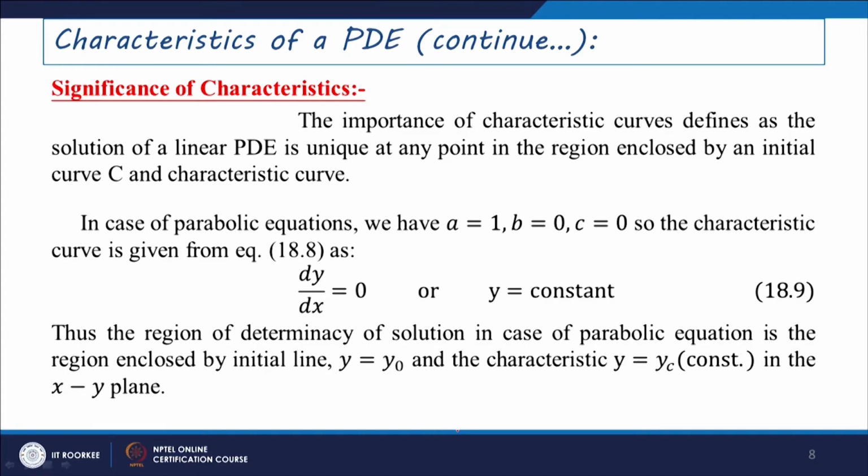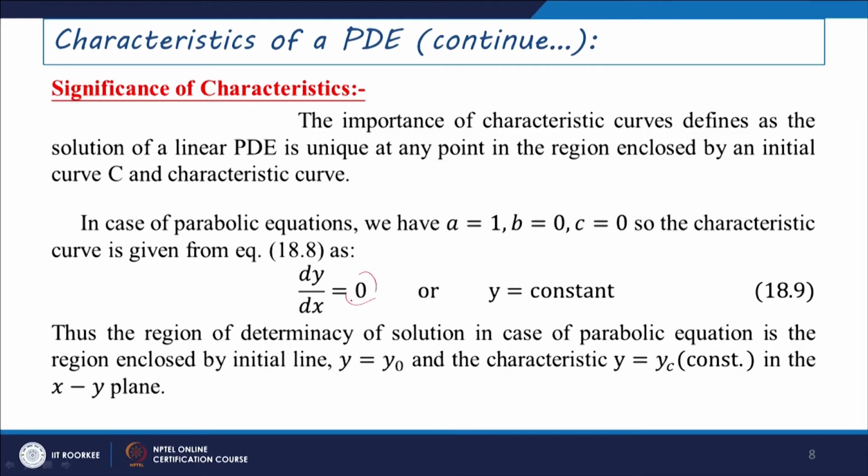In case of parabolic equations, we will have a equals to 1, b equals to 0, c equals to 0 there, since we have to show that b square minus 4ac equals to 0. So in that case, if you put all these values, we can obtain this dy/dx, which is defined as minus b plus or minus square root of b square minus 4ac by 2a, that can be taken as a 0 value there.